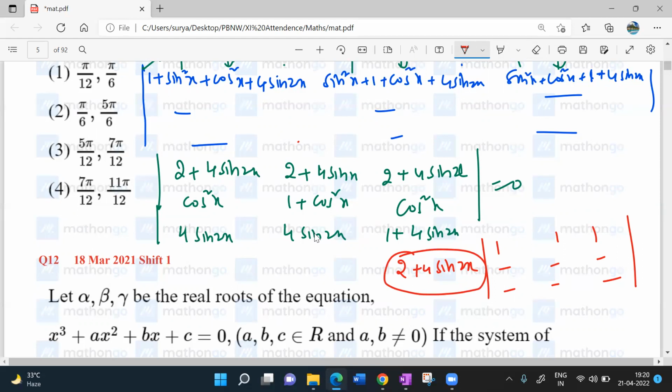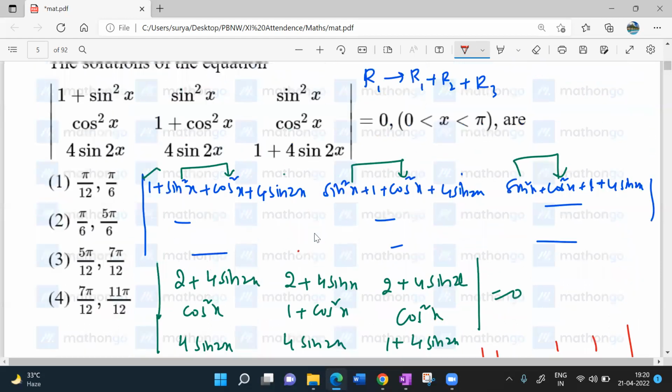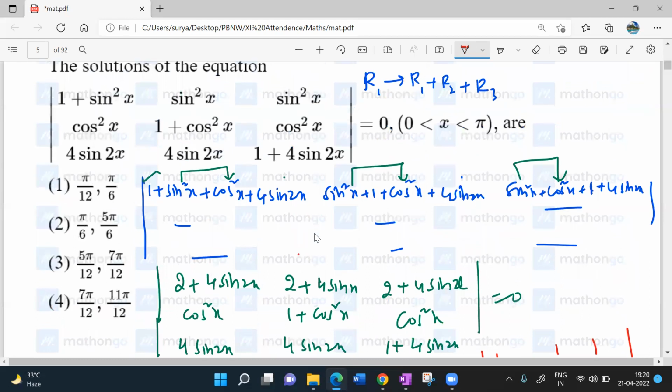Very, very simple. Very simple means a very simple question. Let's see how many of you catch the x value. You can solve it with a different method as well. The x value lies between 0 and pi.